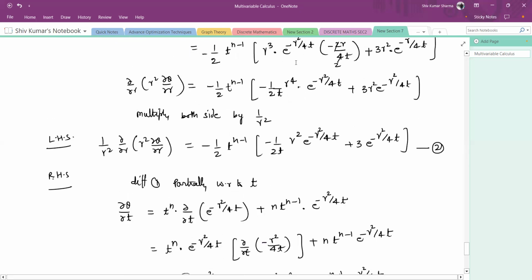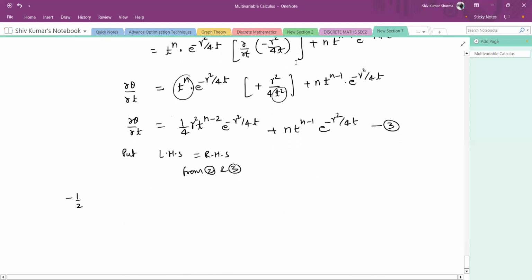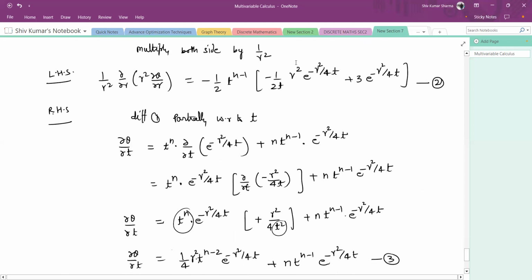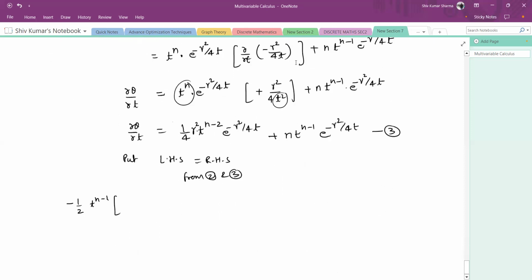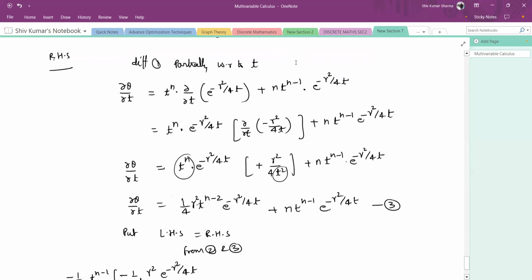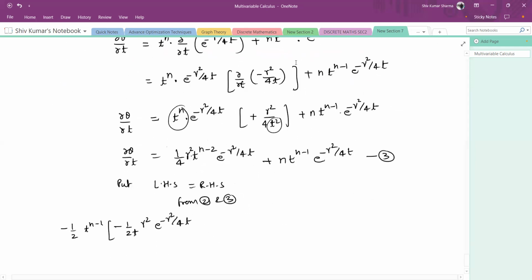minus 1 by 2t, t raised to the power n minus 1, or minus 1 by 2t, minus 1 by 2t, r square e raised to the power minus r square upon 4t, plus 3 e raised to the power minus r square upon 4t.